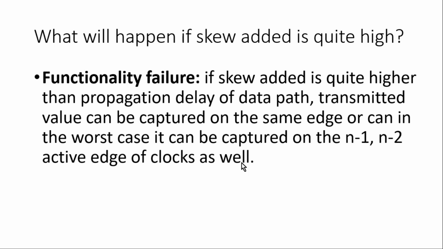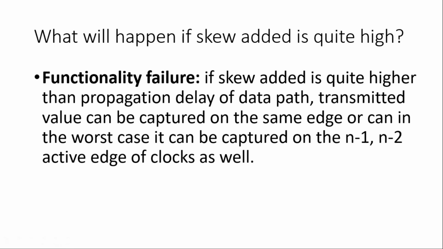It is called functionality failure. As we already discussed multiple times in this video, if flip-flop 1 is transmitting some value at the nth active edge of the clock, it must be captured by flip-flop 2 on the n+1 active edge of the clock, except for multi-clock cycle paths. So if the amount of skew added is quite higher, then it is a problematic situation.